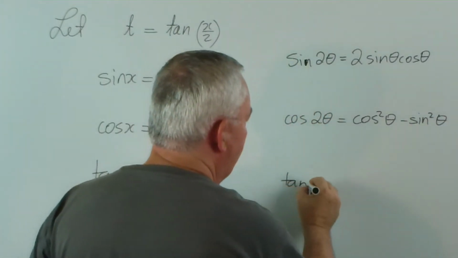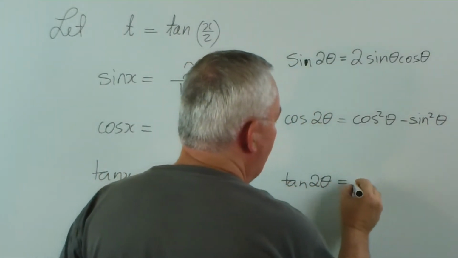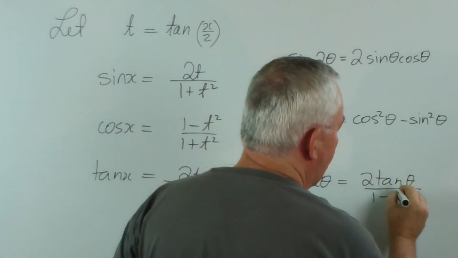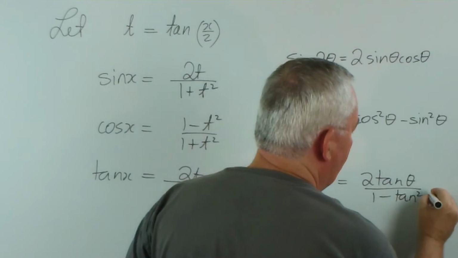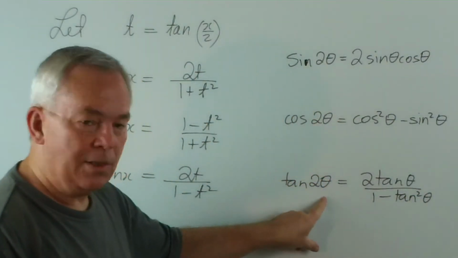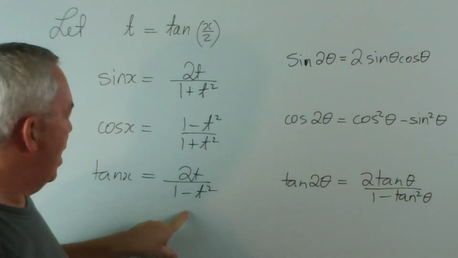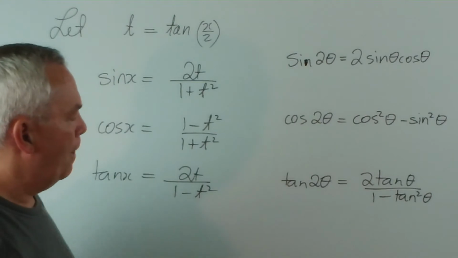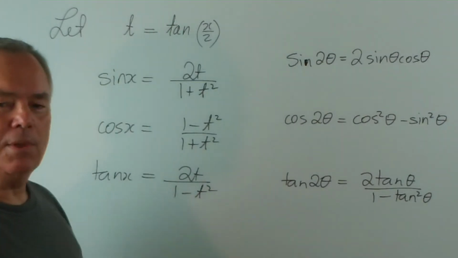And tan of 2 theta is 2 tan theta over 1 minus tan squared theta. Now I hope you see in this case at least a remarkable similarity between these two equations. So I might even start with this one.